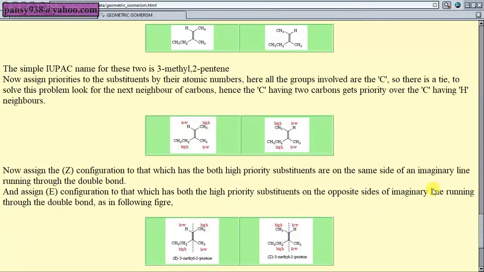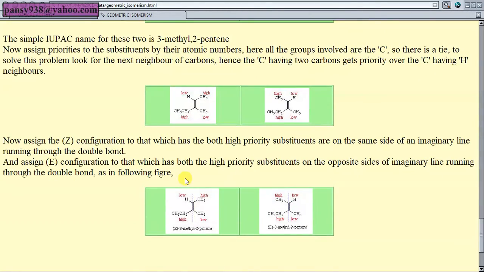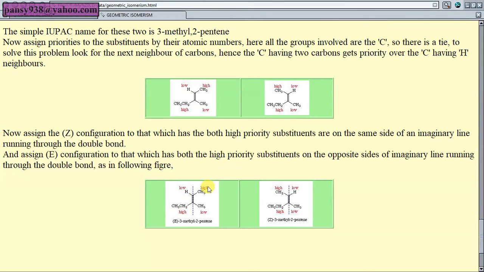So we name the compound in which both of the high priority groups are across from each other as the E isomer. So this is E-3-methyl-2-pentene, and this one is Z-3-methyl-2-pentene, in which both the high priority groups are on the same side.